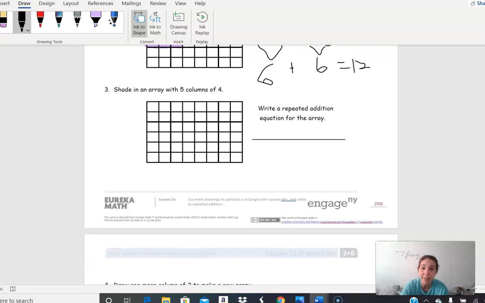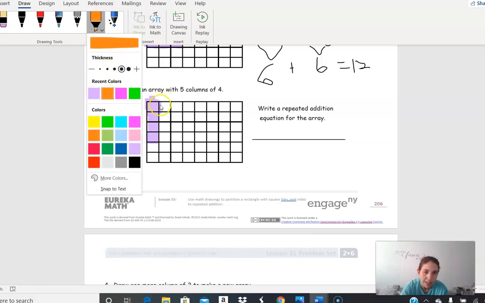Oh, this time they're going to have us shade with our columns. Shade an array with 5 columns of 4. So we're going to come back to my highlighter and we're going to do 5 columns of 4. So that means this guy, oh, this one's not as thick this way, is it? This one is going to be of 4, 1, 2, 3, 4.